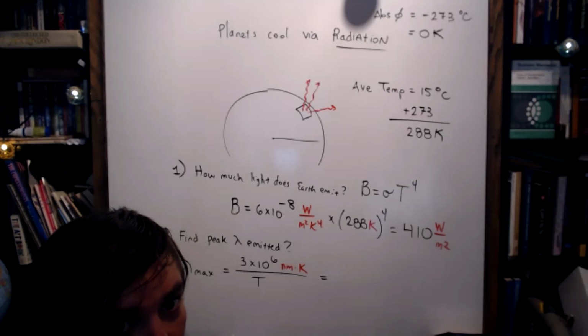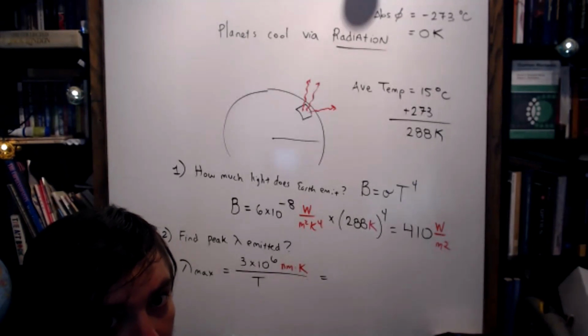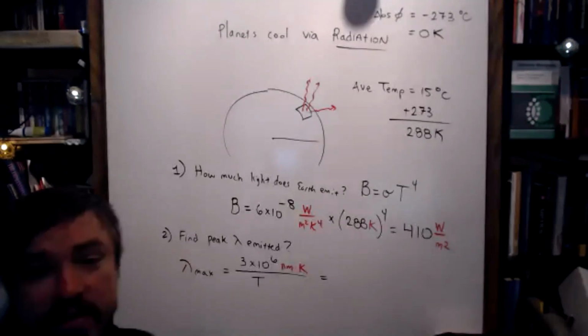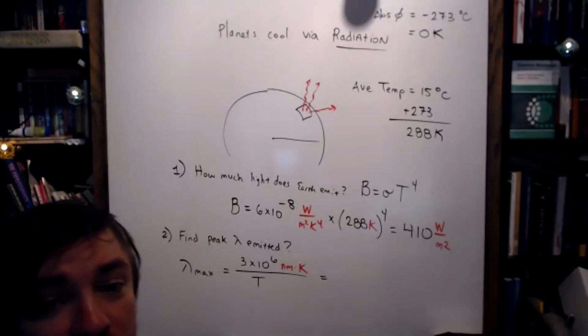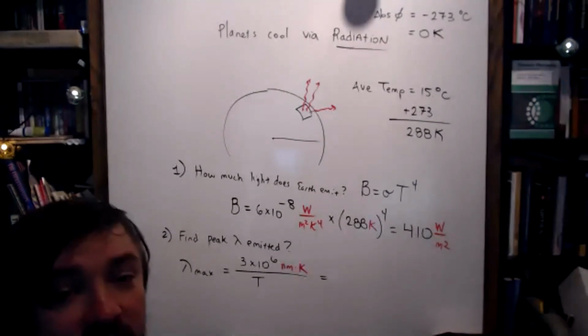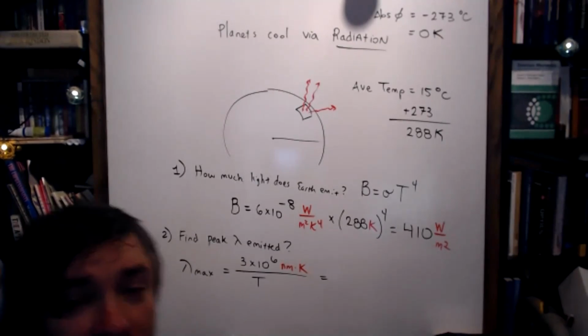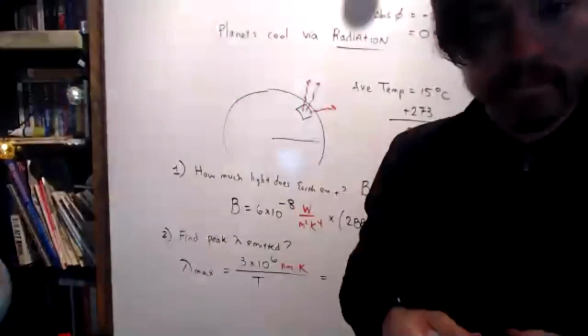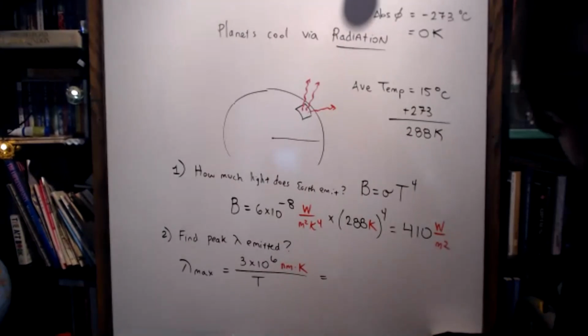Frank? Almost all set. Guys, it's 4 buttons. Just push them. 3 exp 6 divide by 288 equals. Jesus, this is not hard. I'm feeling frustrated here today.